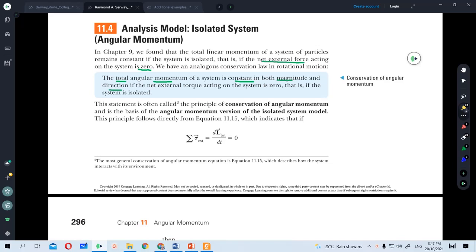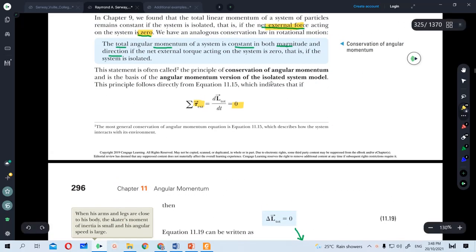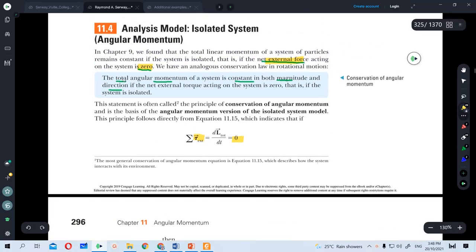Now let us look at the last subtopic, which is the isolated system. In an isolated system, you will find that the net external force is 0, and the net torque is also 0. Therefore, the total angular momentum would be the same, initial and final.